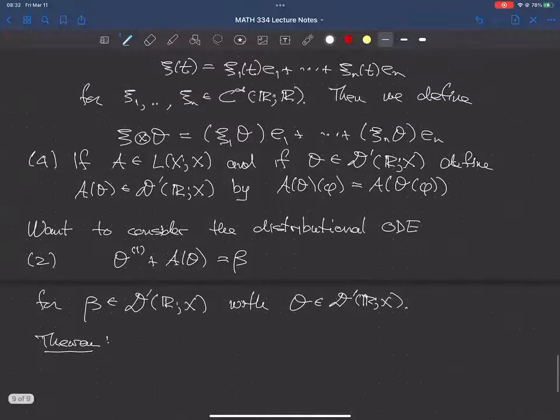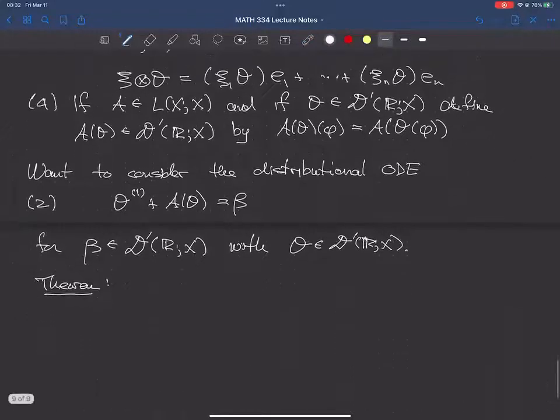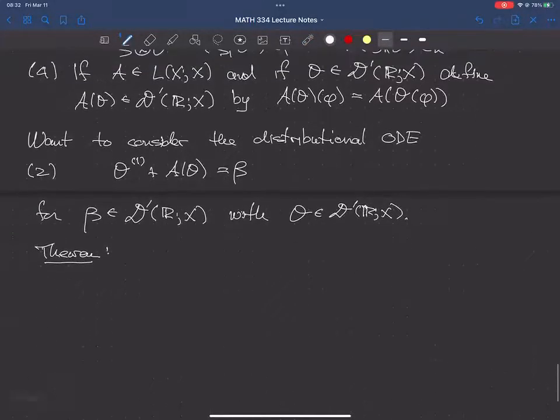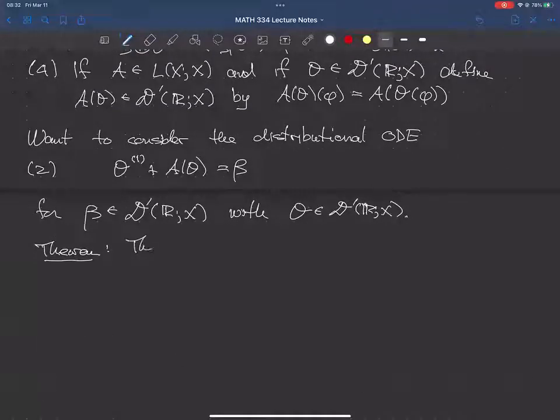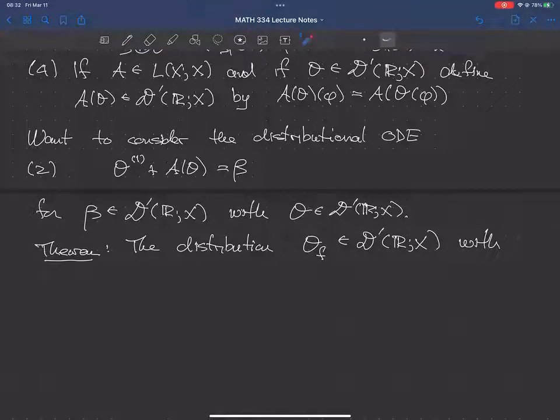And I apologize for my number formats here, that these look like those. When I do this in LaTeX, it doesn't. All right, so the distribution theta f in D prime of R X with, again as with scalar equations, I'm going to choose beta to be delta.